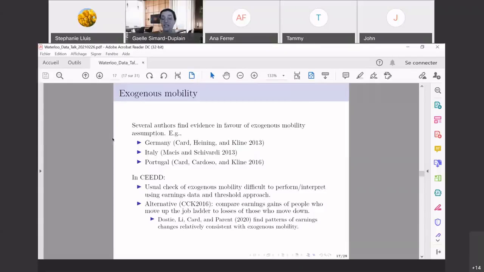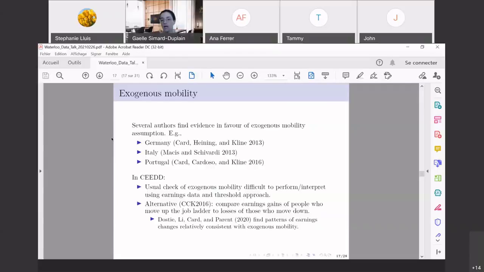In SEED, one of the important challenges that we face is that we use earnings data and we use a threshold essentially to get rid as much as possible of part-time employees. In transition years, earnings are mechanically going to be different because we only keep earnings from one job, right?